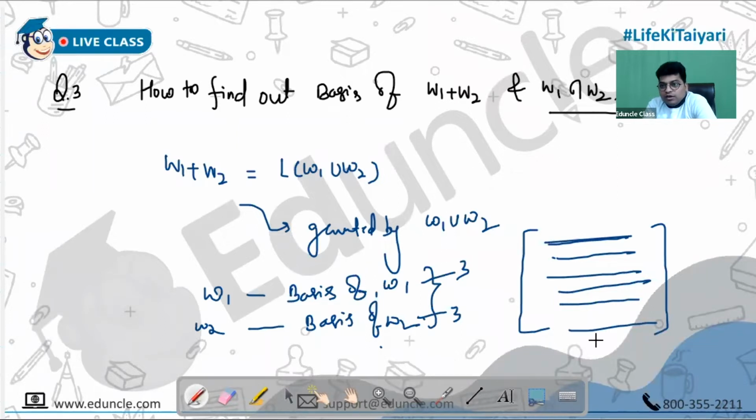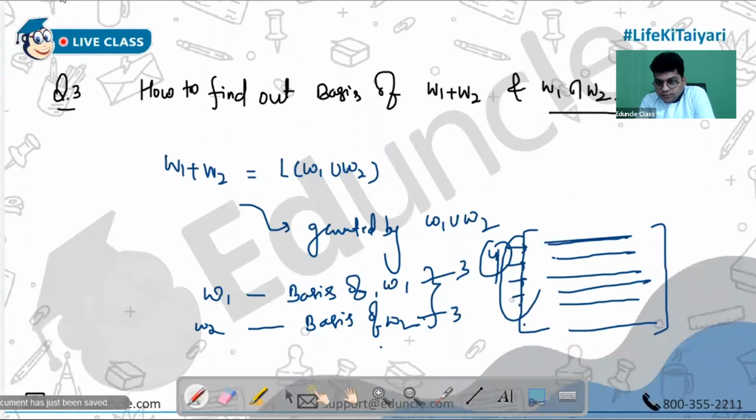It means you will apply the elementary row transformations. बनाने के बाद आपके पास जो भी मैट्रिक्स आएगी, जो उसमें रो आएंगी, लाइक यू हैव 6 में से 3 4 बच गए, तो it means that those rows will form the basis of W1 union W2. Is it clear?